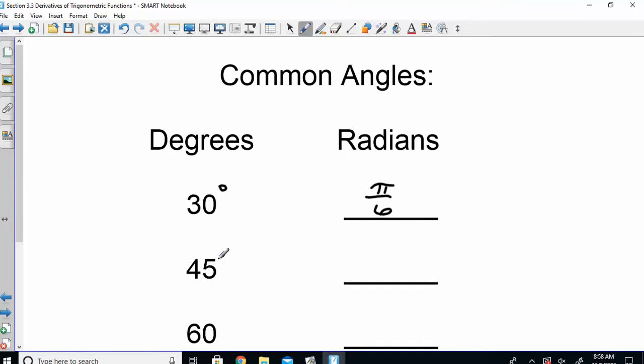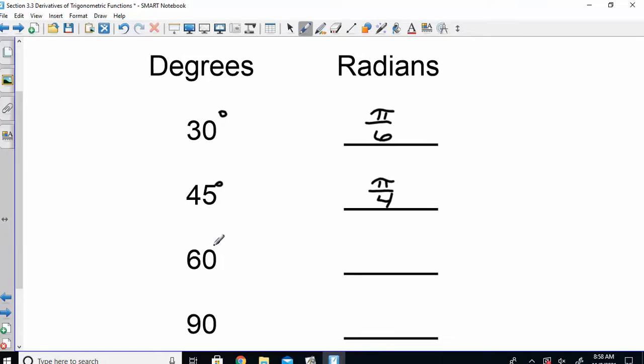Pi divided by 6. 45 degrees is pi over 4. Think about just dividing them by 180. 60 degrees. 90 degrees. Okay, so those are the common ones that come up.